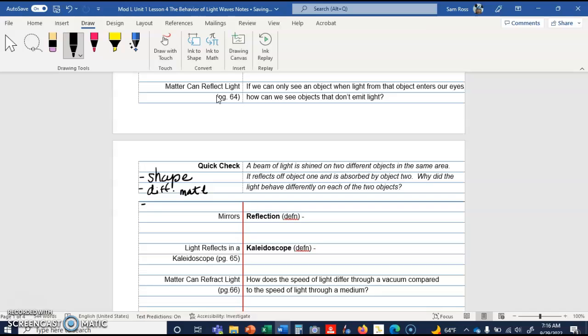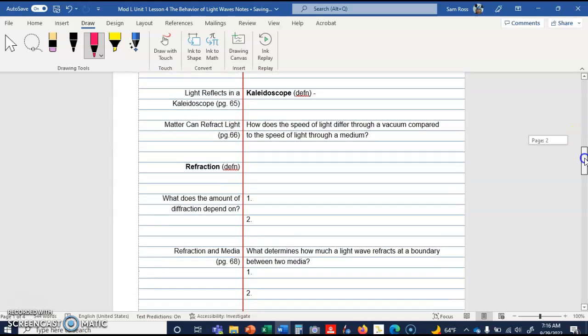Did they travel a different distance? Or are they traveling at different speeds? And the answer is that it's going from one material to another. That's why light would behave differently in each of the two objects. So let's continue.